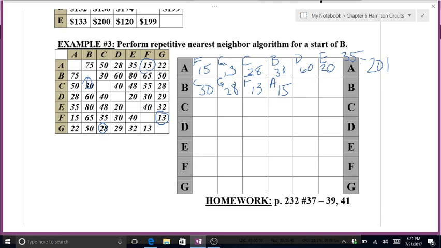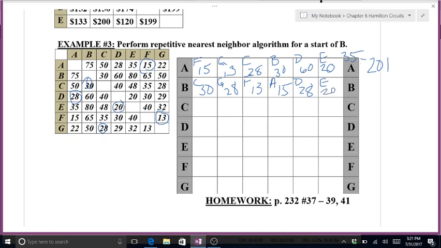When I leave A, my smallest is F, can't go there. My next smallest looks like it's G, we can't go there. So we're looking at D, 28. The only place I haven't visited is E. So we're going from D to E, that's 20.